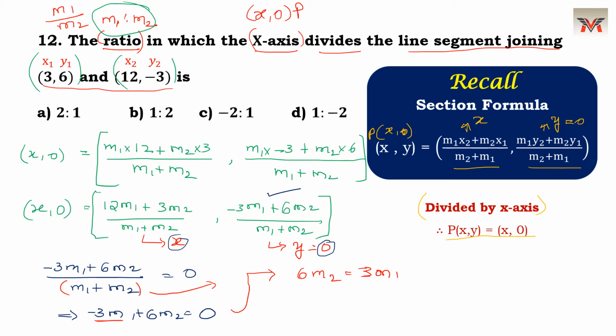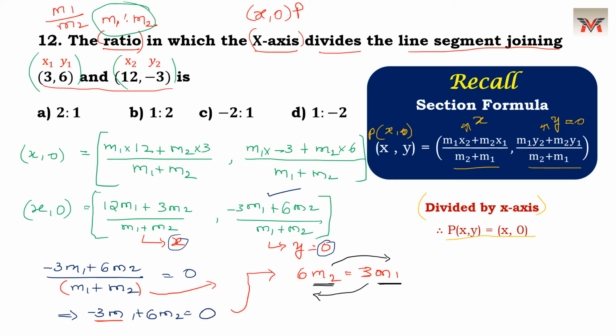Now what we want is the ratio of m1 and m2. So we can keep the numbers on one side and the variables on the other side. Here I have m2, here I have m1. I will take m2 to the other side and this 3 to the left hand side.